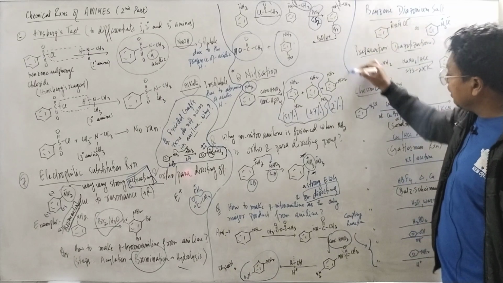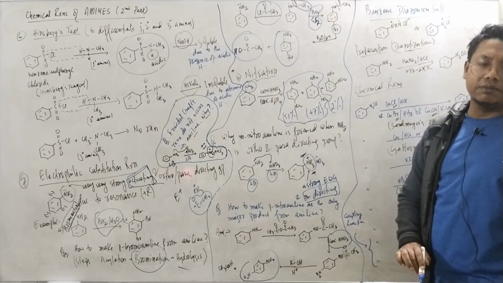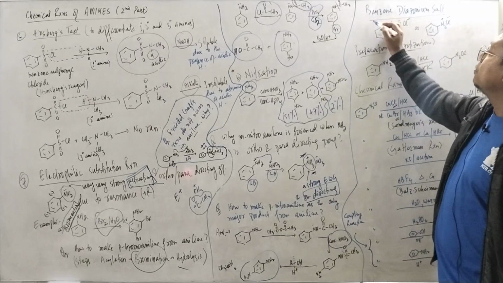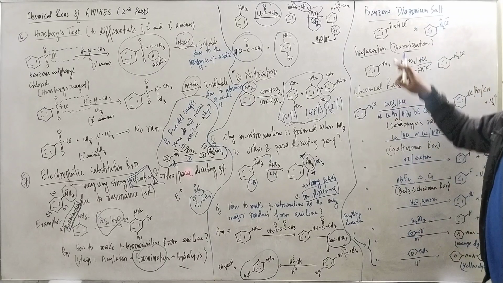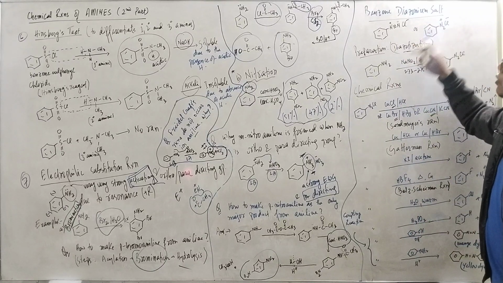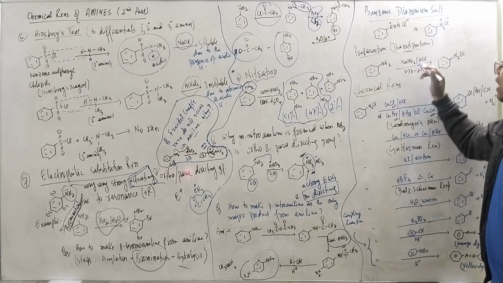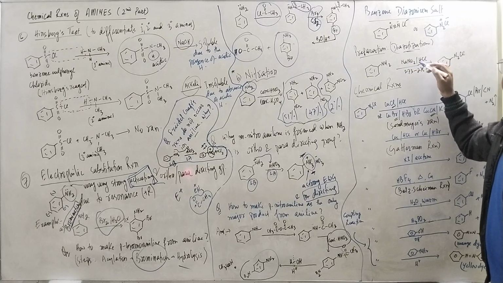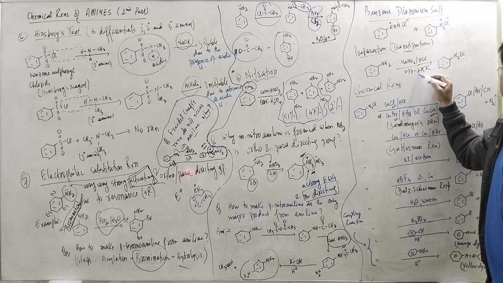Okay, now let us move to the next important part, the last part of the chapter, that is benzene diazonium salt. This is the structure of benzene diazonium salt. Preparation is from aniline by reacting with NaNO2 in presence of HCl, or we can take HNO2 in presence of NaCl, at 273 to 275 Kelvin.